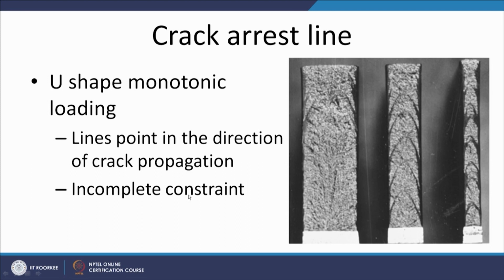And the presence of these indicates the existence of incomplete constraint. When the plate is thin, we find more such inverted U shape marks, and when the plate is somewhat thicker we get somewhat fewer marks, and very few marks when the plate is thick.